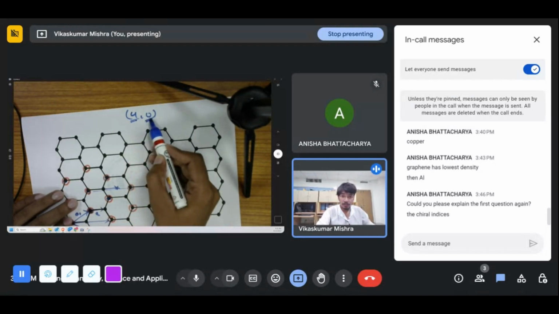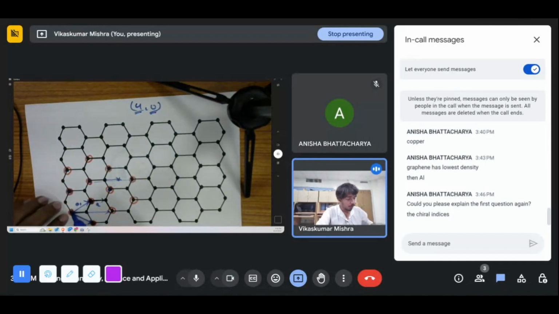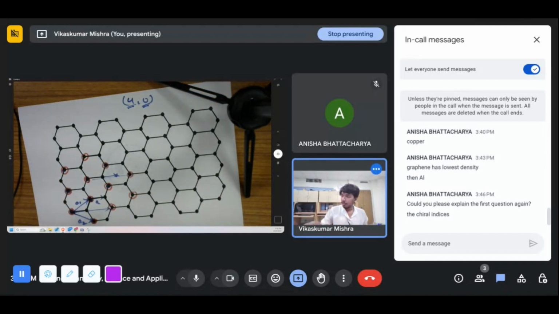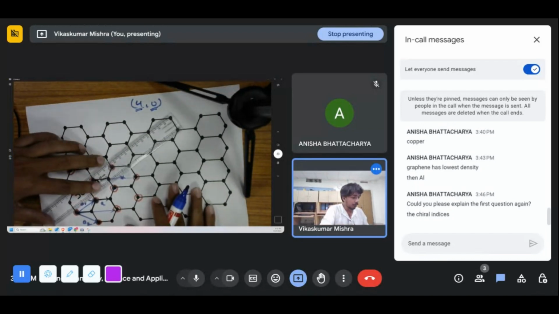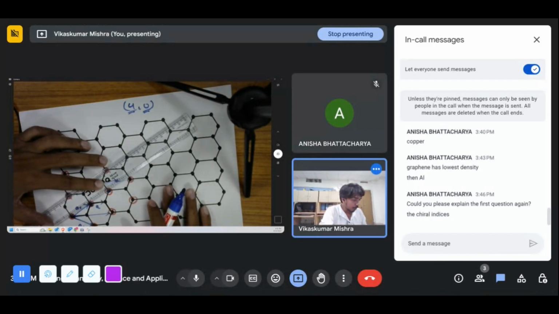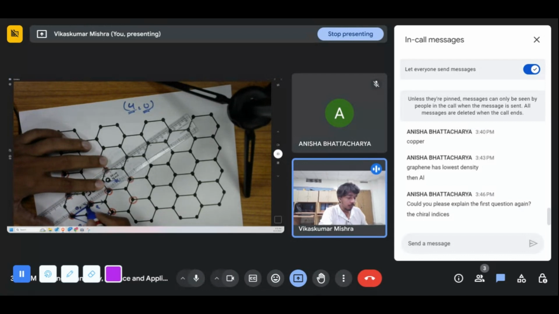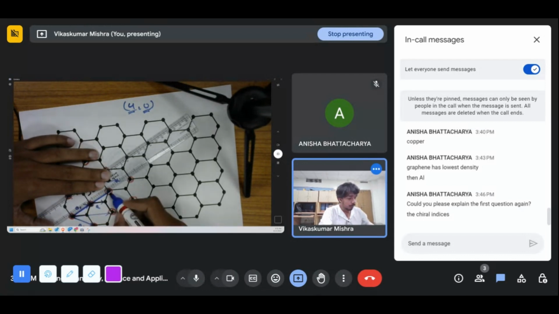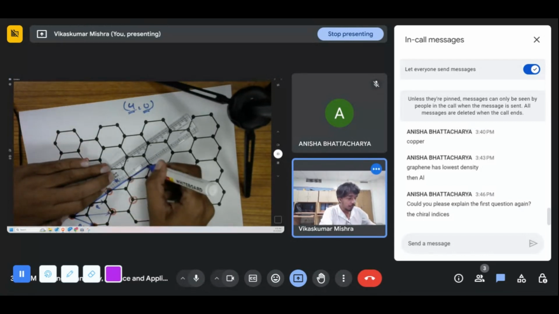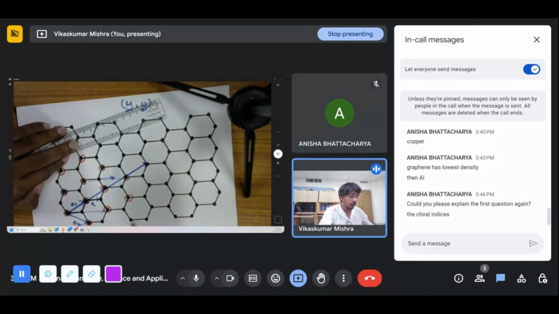Along the second axis, we will not move at all. Let's move along one of the axes, let me take this: 1, 2, 3, and 4. We got to this particular point.